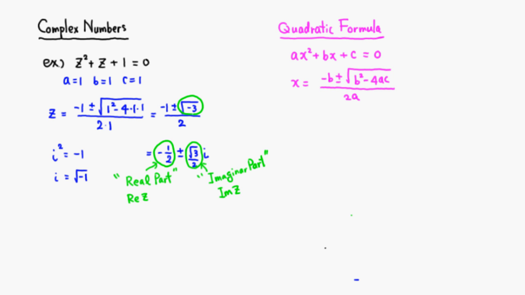So we can come up with the set of complex numbers, which is written this way: we collect all expressions in the form of a plus bi, where a and b are real numbers. Each complex number can be expressed as a pair of real numbers, real part and imaginary part.